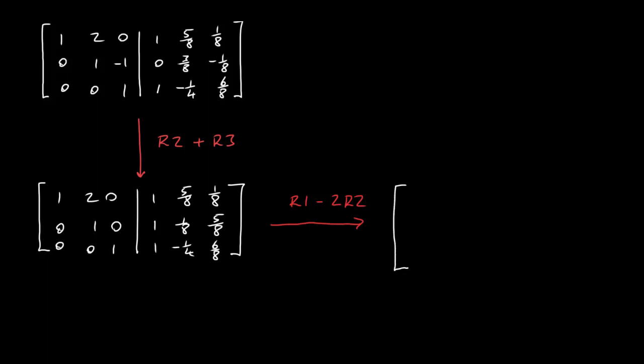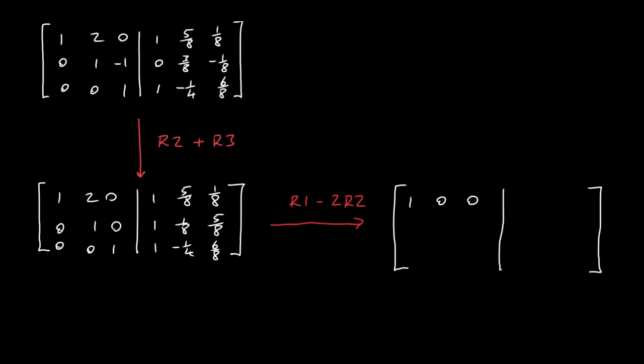So here I'll end up with 1, 0, 0, which is what I want. Because remember, I'm taking row 1 and I'm subtracting twice row 2. So what I'm doing here is taking twice 2 and subtracting it from 2 here. So that'll give me my 0.